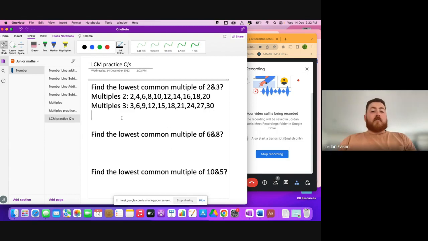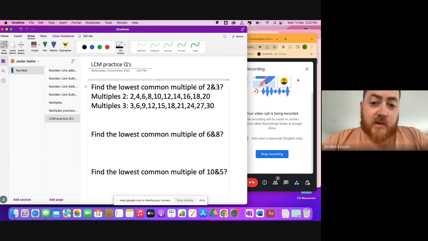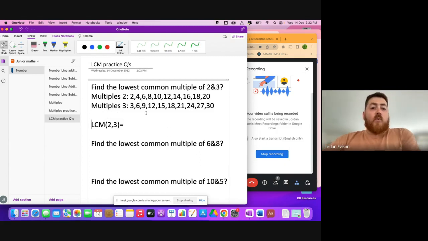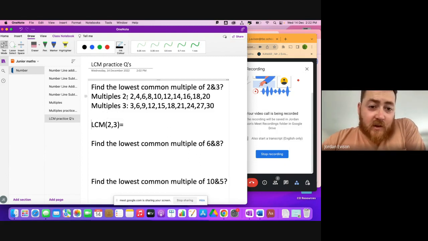Now, the question's asking for the lowest common multiple of 2 and 3. So the LCM of 2 and 3 is effectively just asking us, what is the lowest number that exists on this list as well as this list? Let's see. Starting from the bottom here, is 2 on this list?